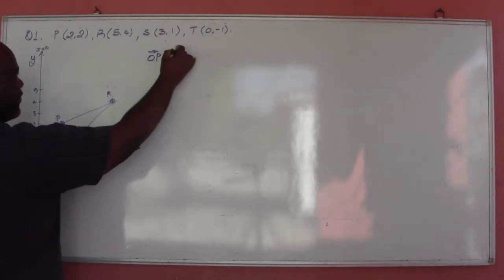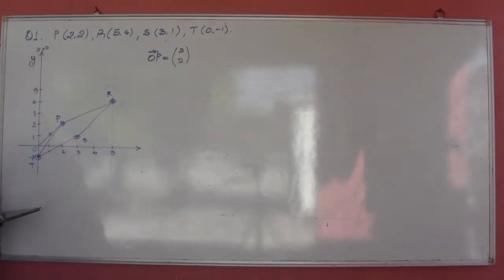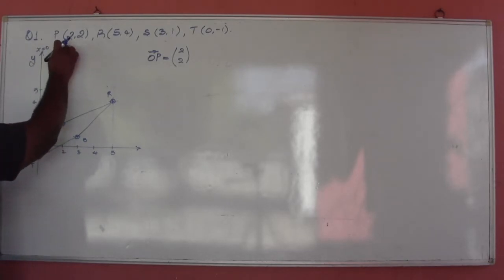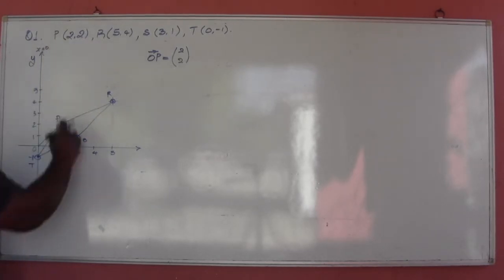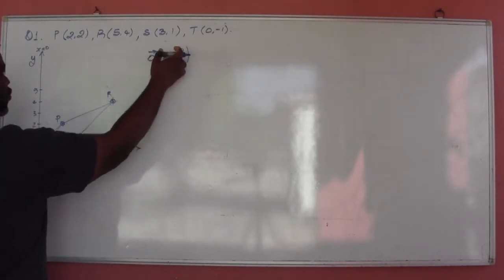That makes OP the vector 2, 2. Another thing about a position vector is that the vector and the coordinates have the same value. So the coordinate of the point P is 2, 2, and the position vector OP is also 2, 2.